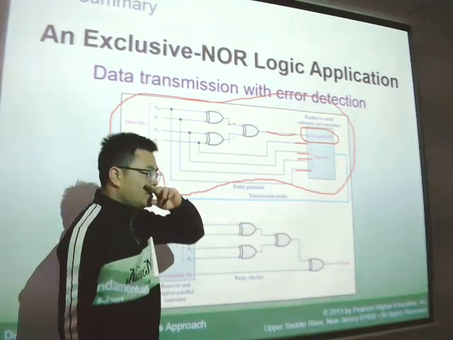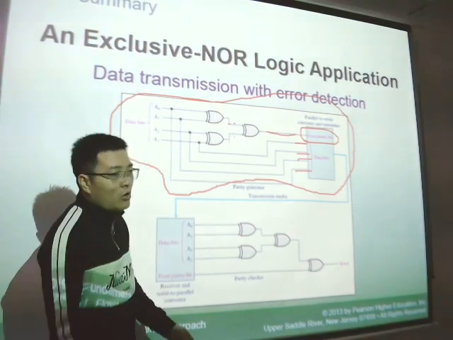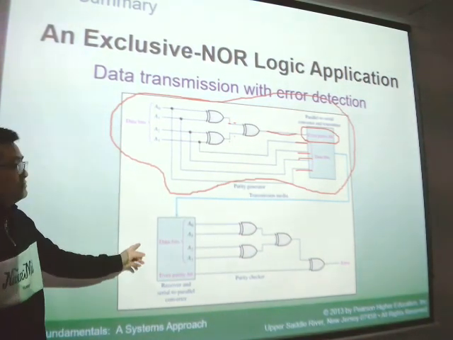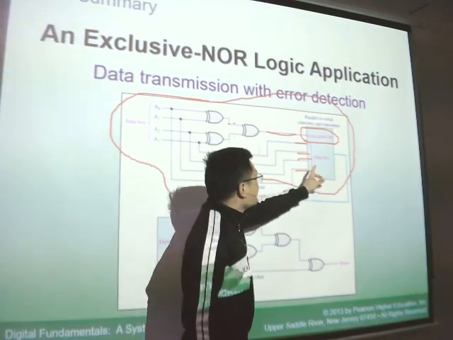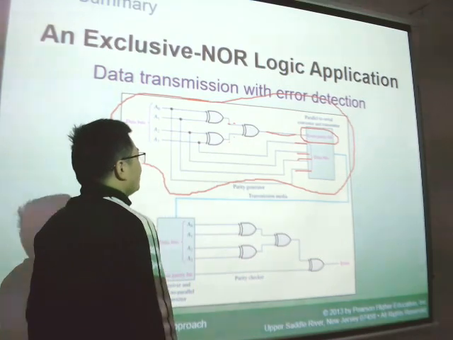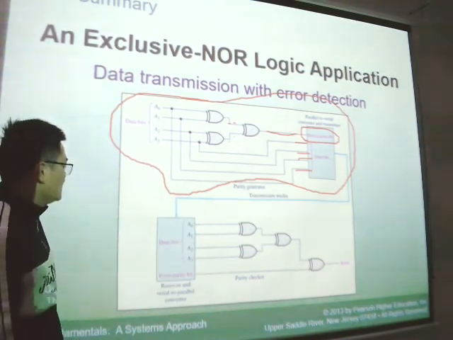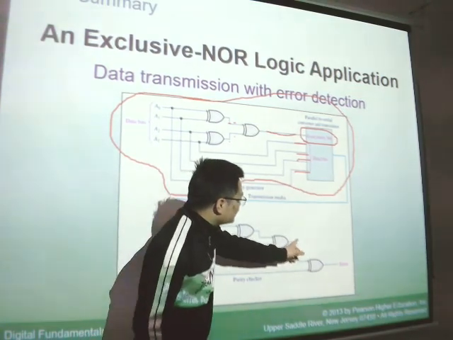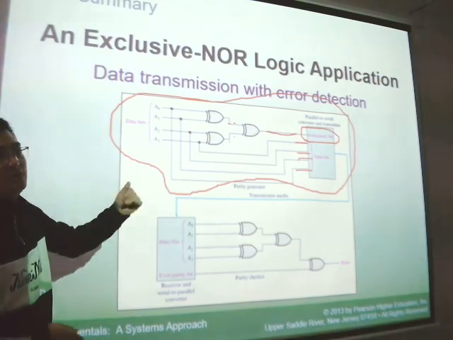The output is the even parity bit at the terminal, or the receiver, and this even parity bit is the parity bit of the transmitter. The output of this is the parity bit of the receiver.